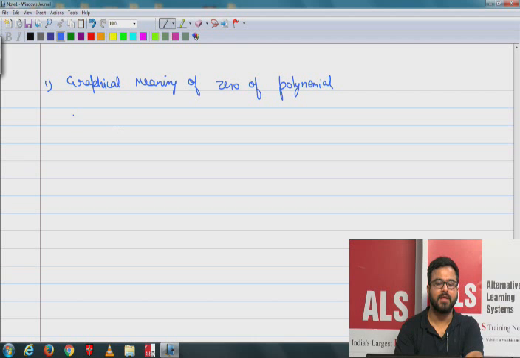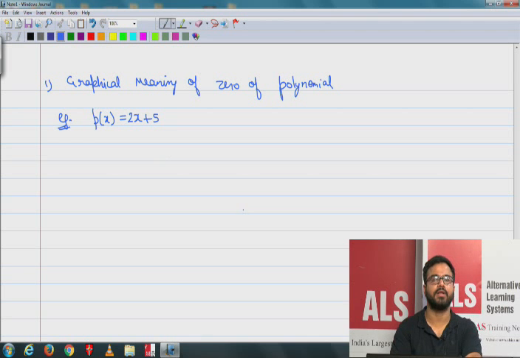So let's say if we take the first example, if we have a polynomial of 2x plus 5, this is our polynomial. Now if we plot the graph of this 2x plus 5, the p(x) can also be written as y is equal to 2x plus 5.